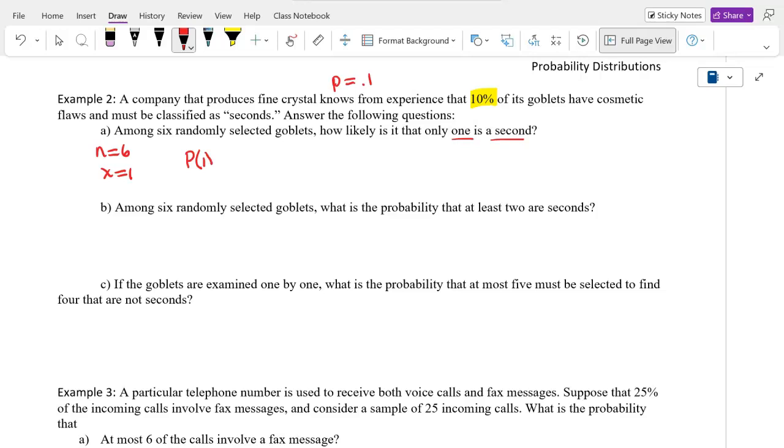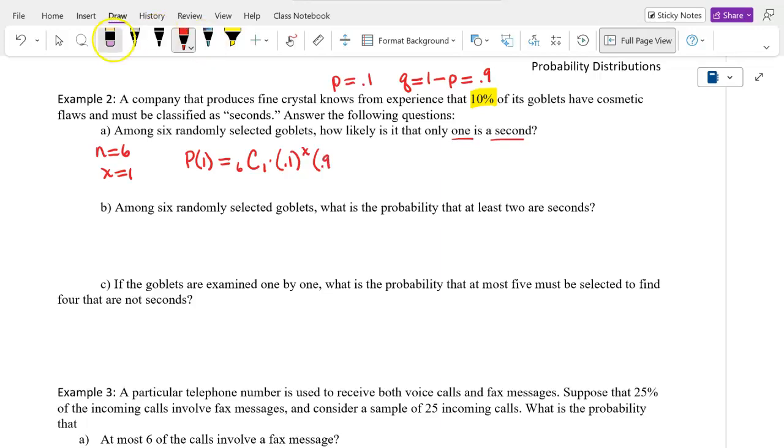If I'm looking for the probability that exactly one has flaws and is classified as second, I'm going to take a combination of 6 things taken one at a time, times the probability of a success, which is 0.1, raised to the X power, times Q. Wait a minute, they didn't give us Q, but we know from the previous page that I can find Q by taking 1 minus P, and that in this case will be 0.9.